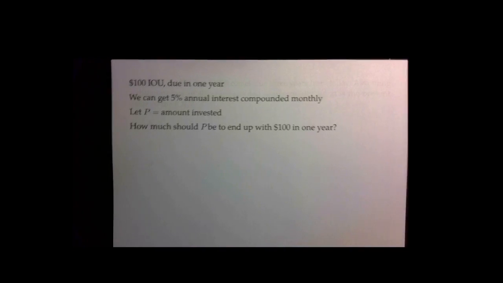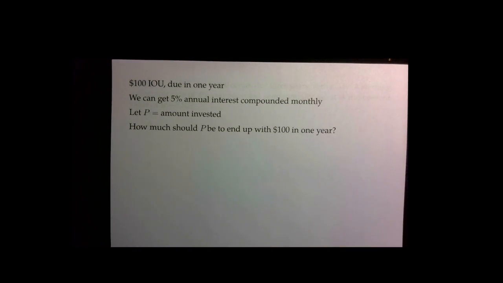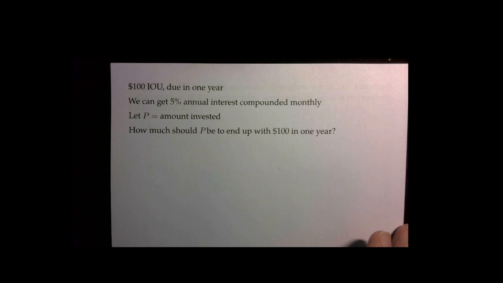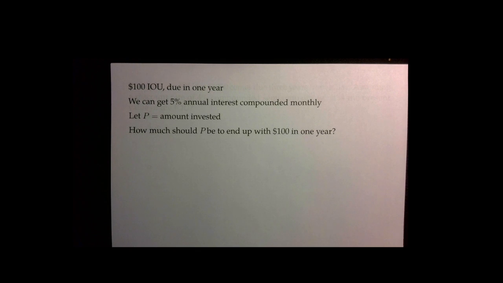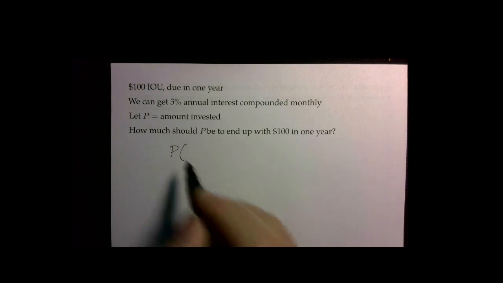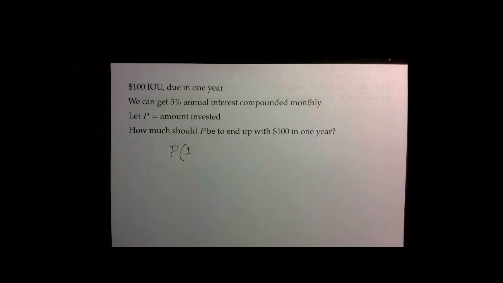Okay, let's do an example with compound interest. Here we go. Same $100 IOU due in 1 year. And now we can get 5% annual interest compounded monthly. So it's the same kind of calculation, the same idea. It's just that the computation's a little different because you have compound interest here. Since this is going to be compounded monthly, we're going to have 12 compounding periods happen before the year is up. So how much is P dollars worth if it compounds at 5% annual interest compounded monthly for 1 year?